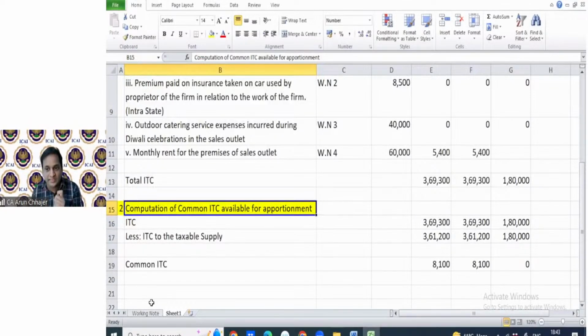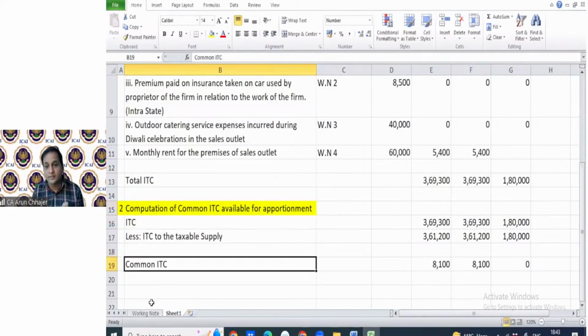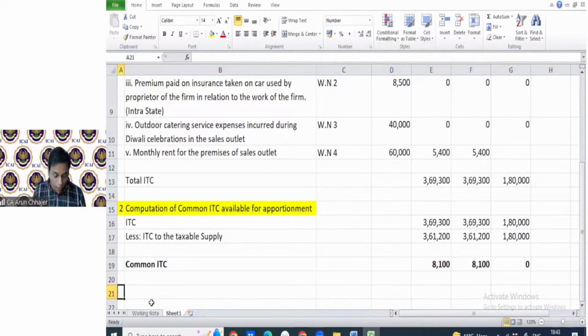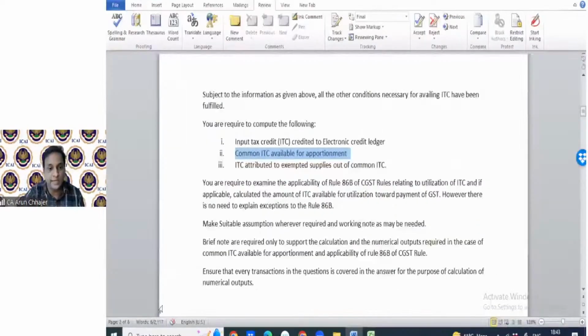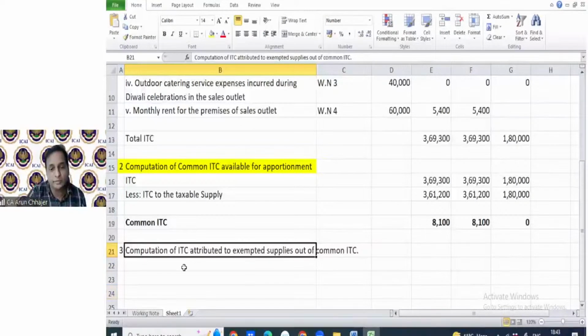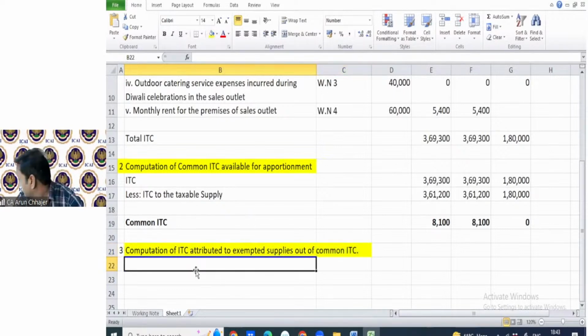I have to apply the formula on this amount, the common ITC available for apportionment. Now, what is the third calculation? I have to calculate ITC attributable to the exempt supplies out of the common ITC, without non-business purpose.